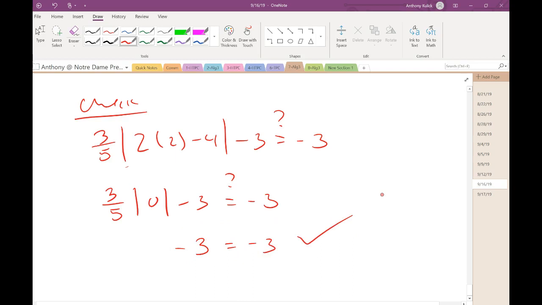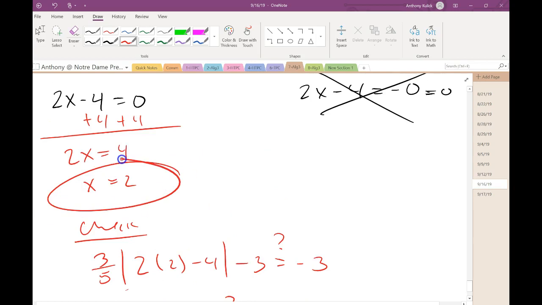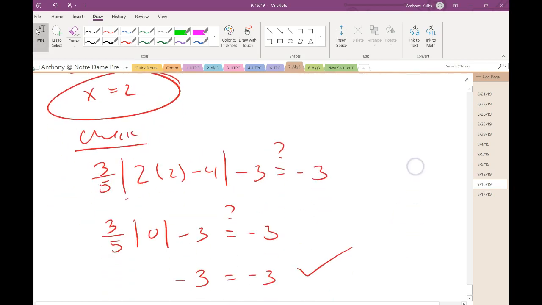And I get negative 3 is equal to negative 3. So my one answer is x equals 2. What do you guys think? Thanks. I understand. Good. We'll stop here.